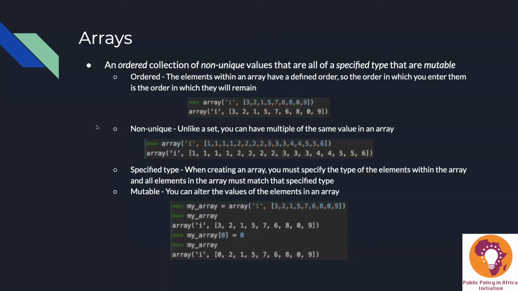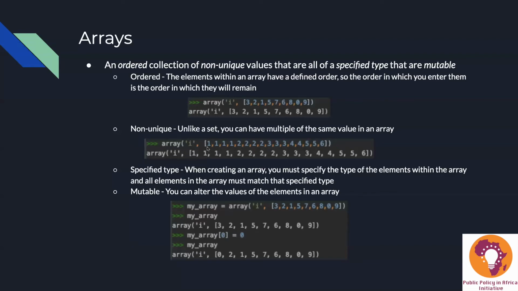Oftentimes in Python, people will talk about arrays and lists as the same thing. They are very similar. They're not exactly the same. With an array, you have to specify the type. So when creating an array, you must specify the type of the elements within the array, and all elements in the array must match that specified type. Here I specified the integer type with the I here, and then all of the elements within that array have to be of integer type.